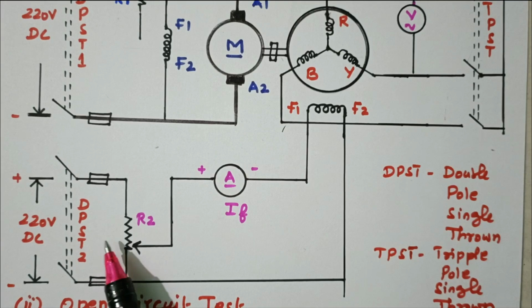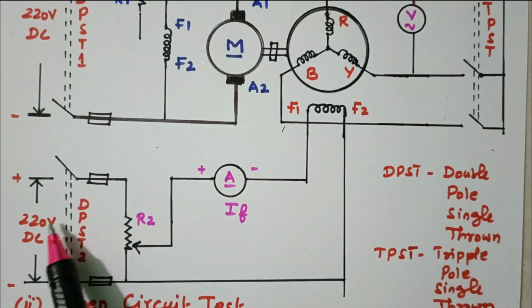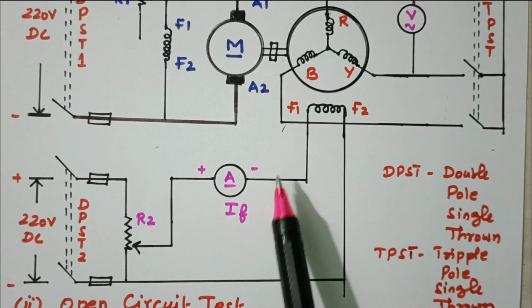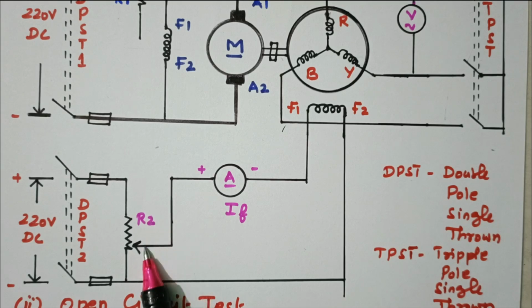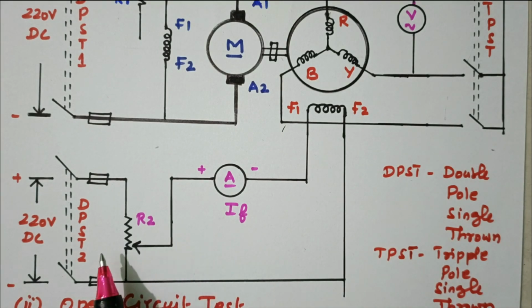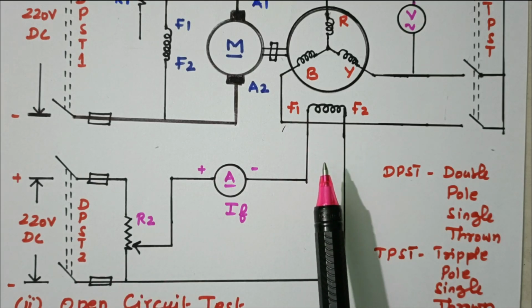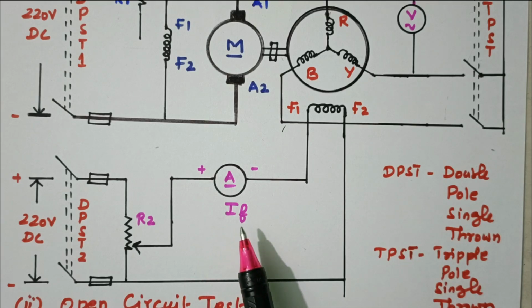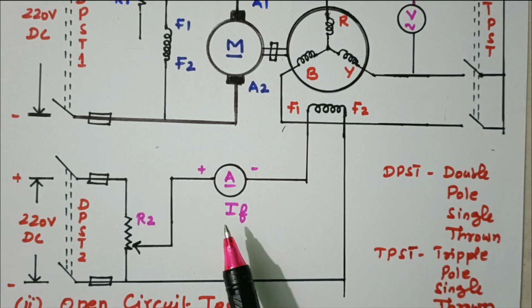Then we go to the excitation of the alternator. Now DPST switch 2 is closed, that is, the supply is given to the field winding of the alternator. Then the rheostat R2 is varied, and for every variation we have to measure the field current IF and the generated voltage VOC.